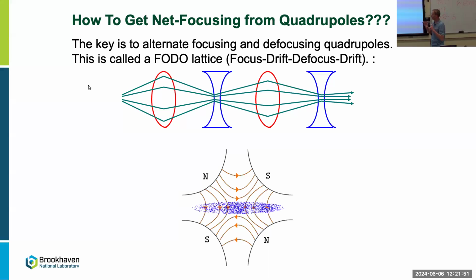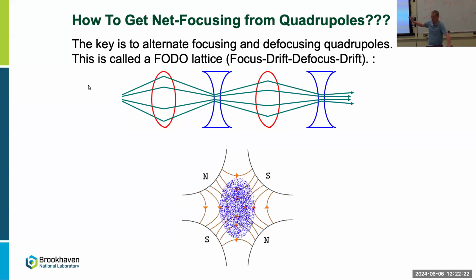If you stack them one after another, you can see how passing through a series of focusing and defocusing elements in one plane, and correspondingly defocusing and focusing in another plane, keeps the beam stable.